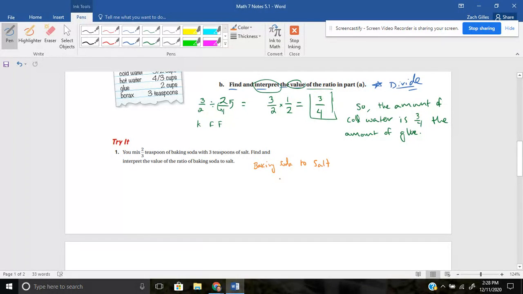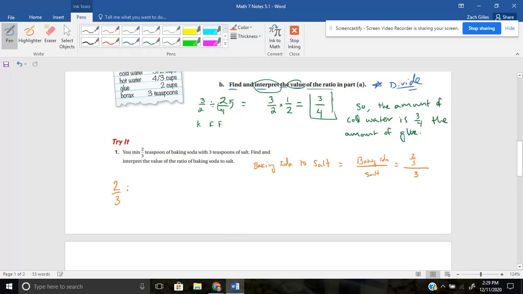If I were to write that as a fraction, it would be baking soda on the top and salt on the bottom, because my first number is my numerator and my second one is my denominator. So I have 2/3 teaspoons of baking soda over 3 teaspoons of salt. That means I need to take 2/3 and divide that by 3.